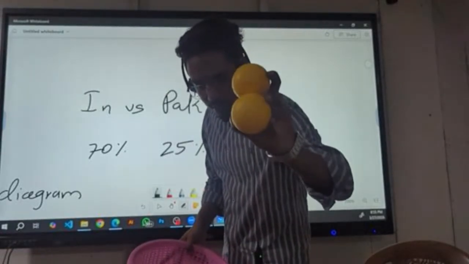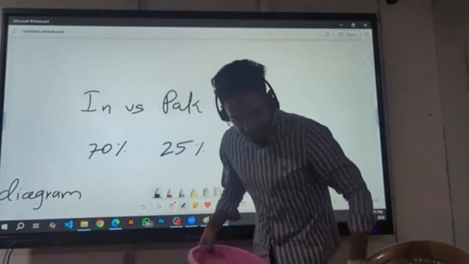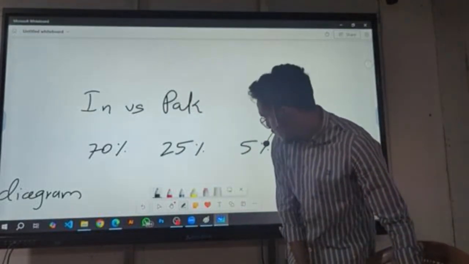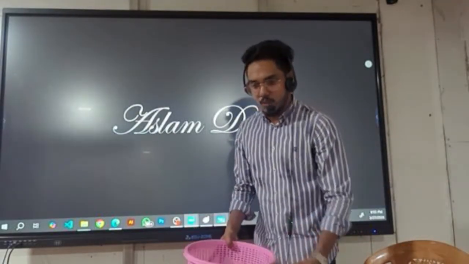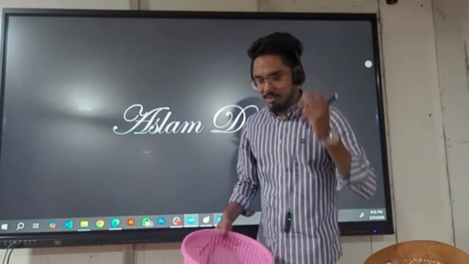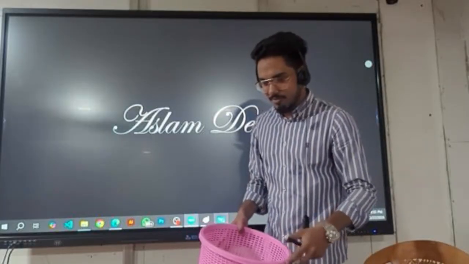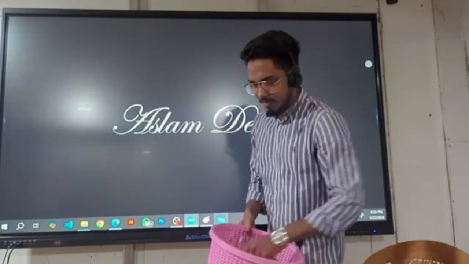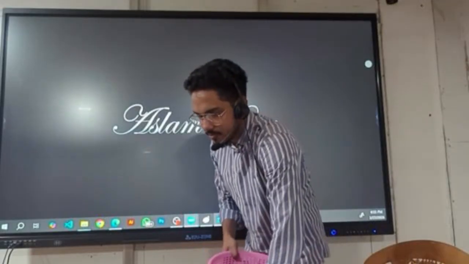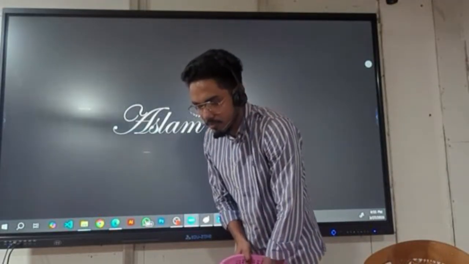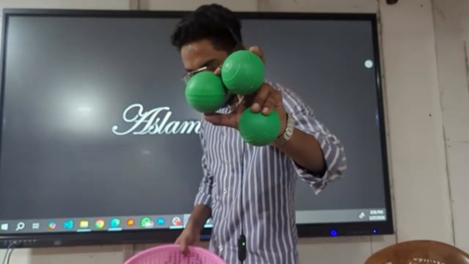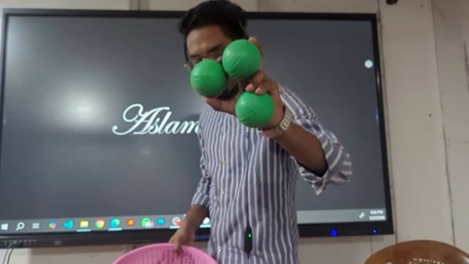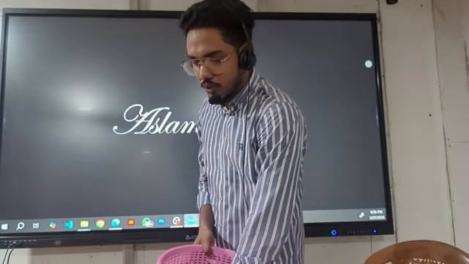Due to this white screen, you may not see clearly. Can you all see the 3 green balls now? We have 3 green balls and 2 yellow balls.